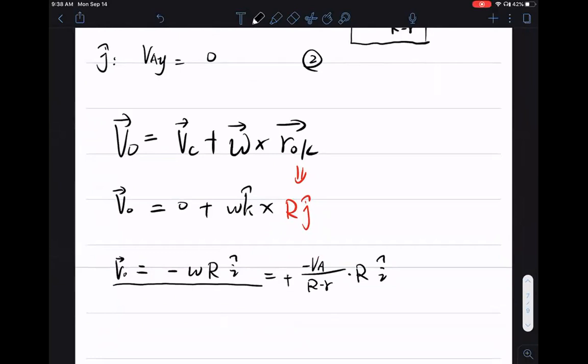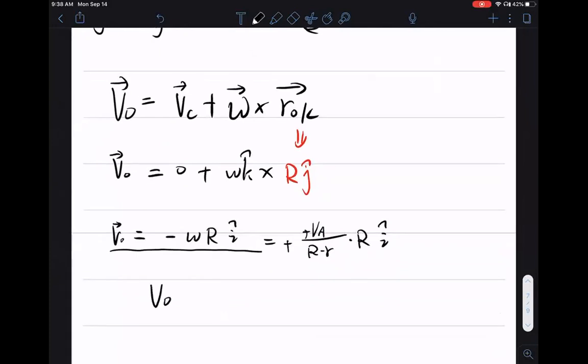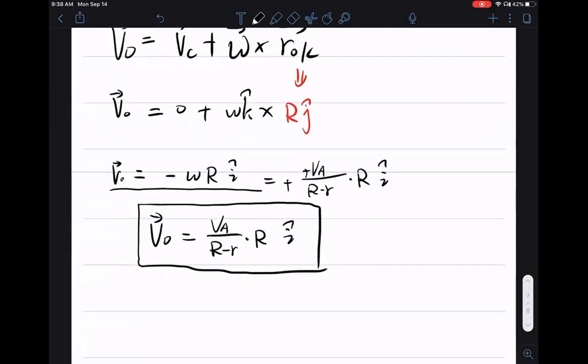Then negative becomes positive. So there we have it, VO. The vector form for VO is VA divided by (R minus r) times big R on i direction. Okay, that's all about this example 2A6.